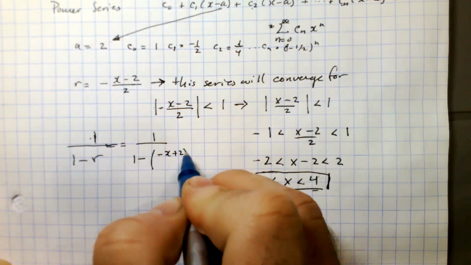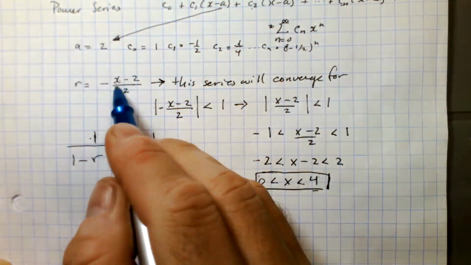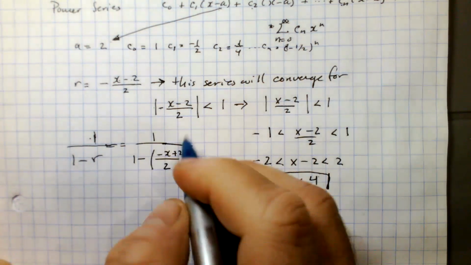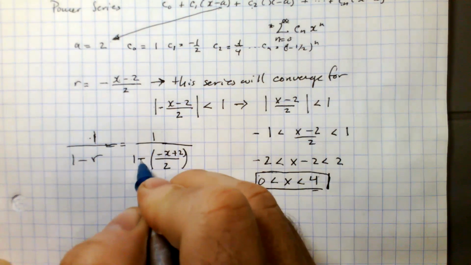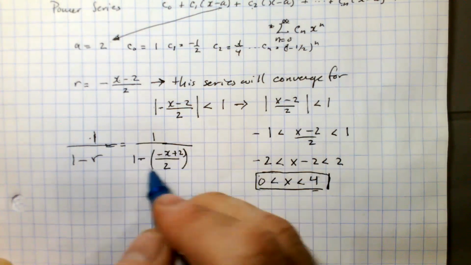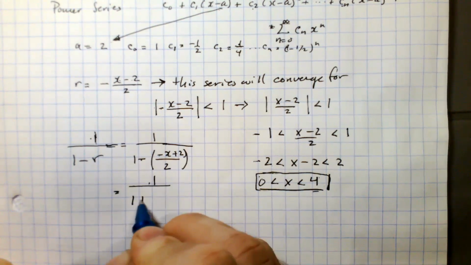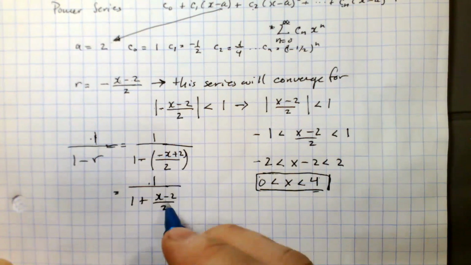If I bring that negative upstairs, it becomes negative x plus 2 over 2. And if I factor that negative back out, that makes the minus into a plus. So I can rewrite this as 1 over 1 plus (x minus 2) over 2, switching the signs back.